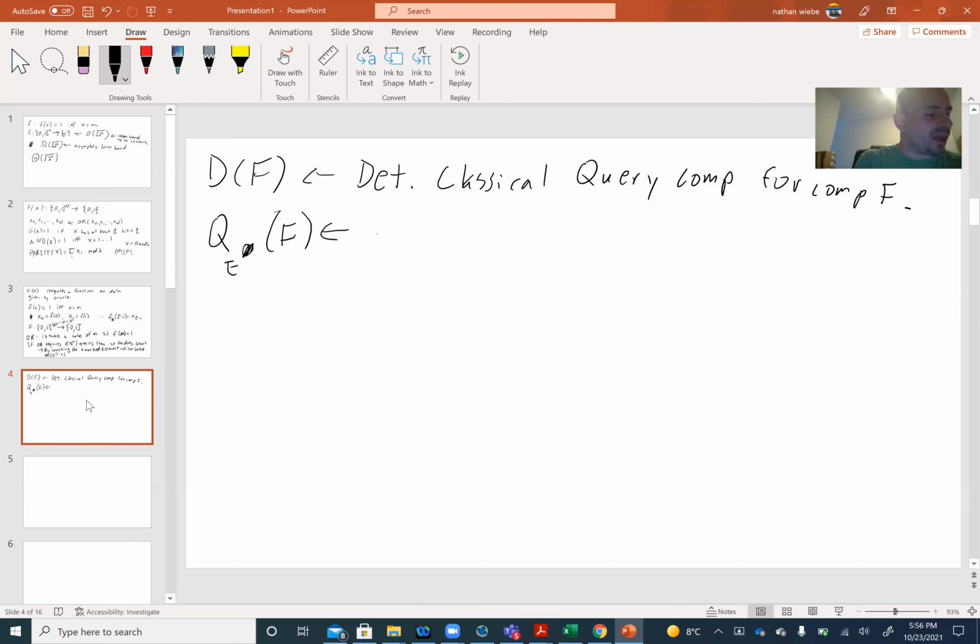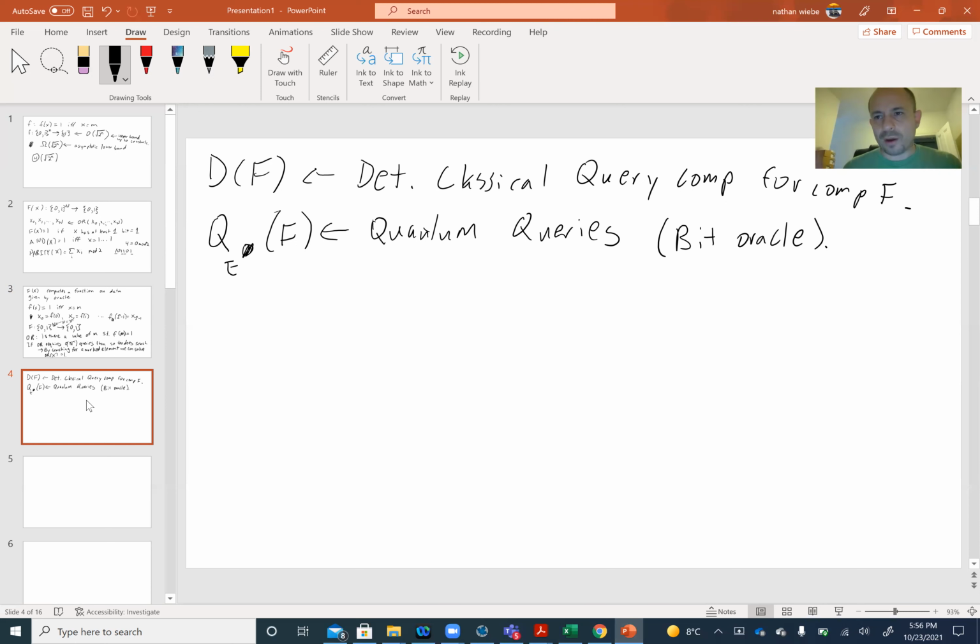This is the exact same thing, but using quantum queries. Specifically, in this case, we're going to be assuming queries to a bit oracle. These are the strongest type of queries. With bit oracle queries, we can simulate all the other types of queries that we want.